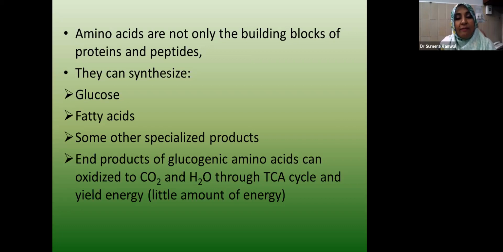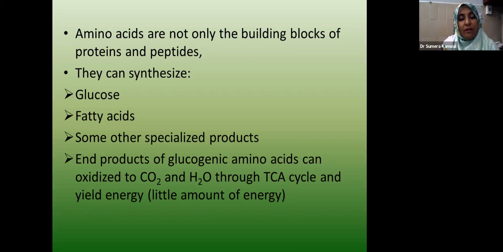When the body is deficient in glucose and fatty acids, then protein and amino acid catabolism joins the TCA cycle, or joins a catabolic pathway that gives energy. Under normal circumstances, amino acid or protein catabolism does not indicate energy production. So amino acids give energy only when the body is deficient in glucose.